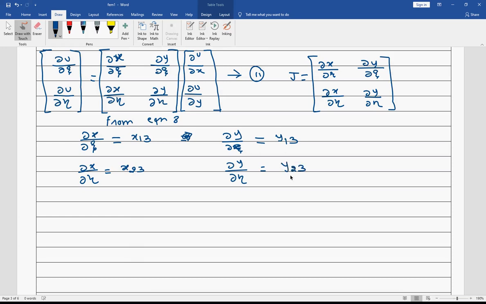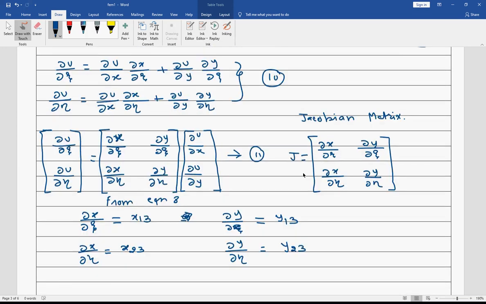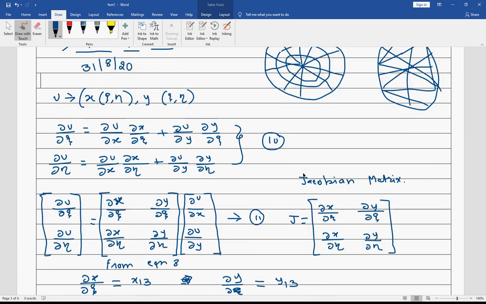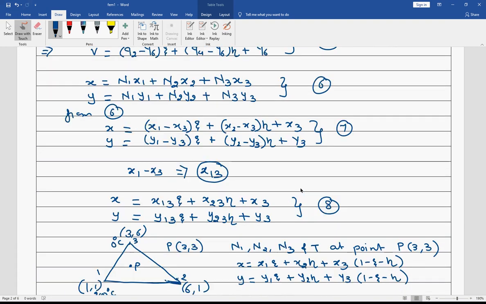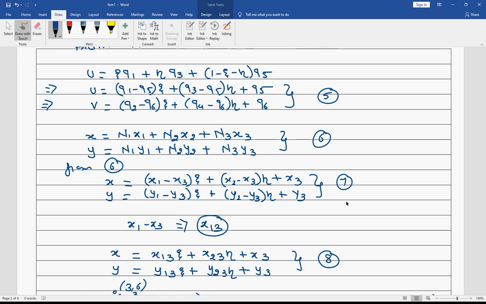And y23. Any one of you has to confirm. So I just show you equation number 8. You take a screenshot also and keep it with you. Equations 7, 5 and 8, that is what we are going to require. So you may take a screenshot and keep it with you. And somebody has to confirm Shruti's answer.